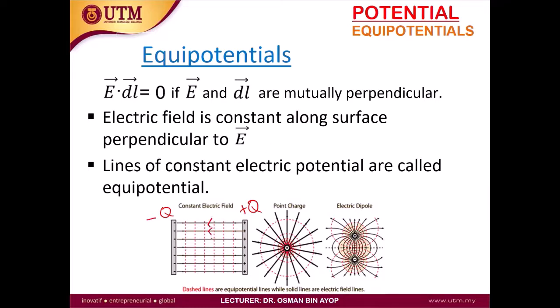This is the direction of the field. Let's say I draw some lines here. You can see the first, second, third, fourth, and so on. These lines are called equipotentials.